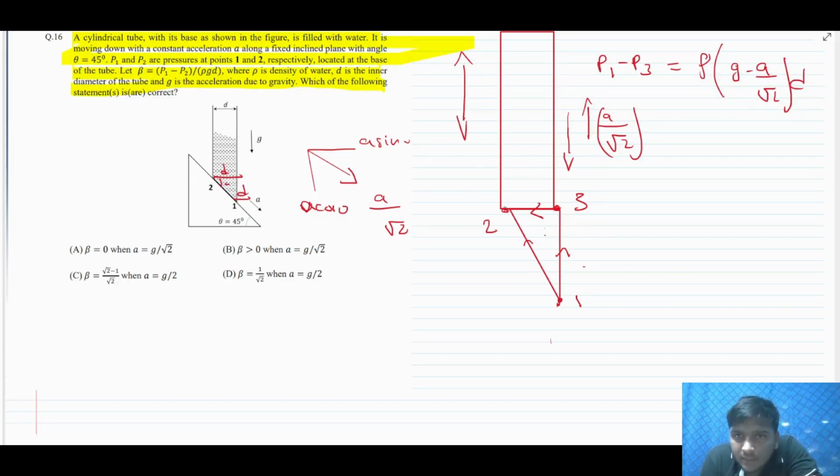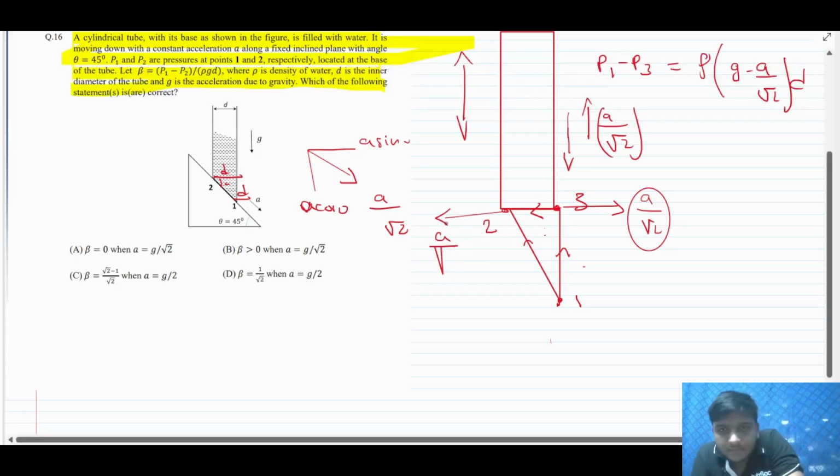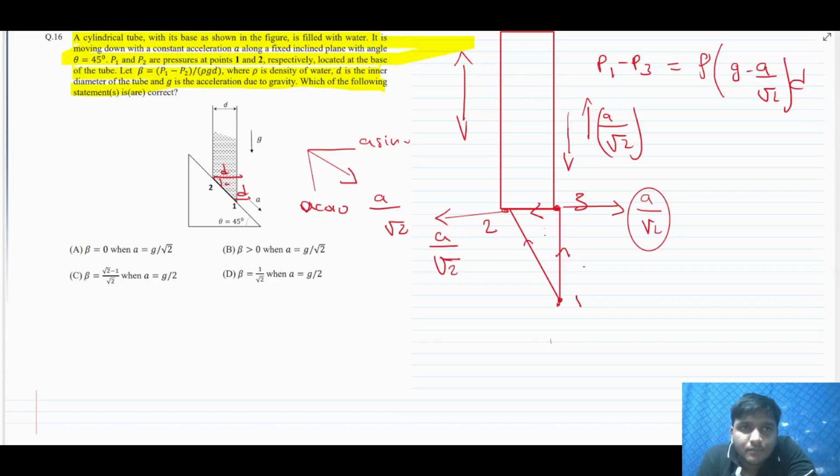Now for calculating p3 minus p2, we are experiencing an acceleration of a by root 2 also in this direction. To make it an inertial frame with respect to the x-axis, we will provide a pseudo acceleration of a by root 2 in this direction, so that it will be in the inertial frame. So here a by root 2 is acting as g.